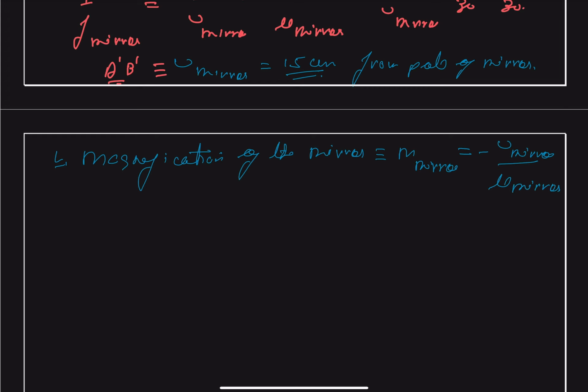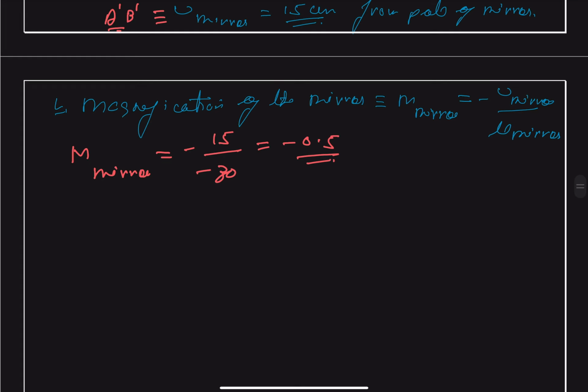We substitute the values, we get magnification of the mirror will be equal to minus 15 upon minus 30, and this gives us 0.5, which means the image formed will be magnified by a factor of 0.5. And this is because of the mirror.